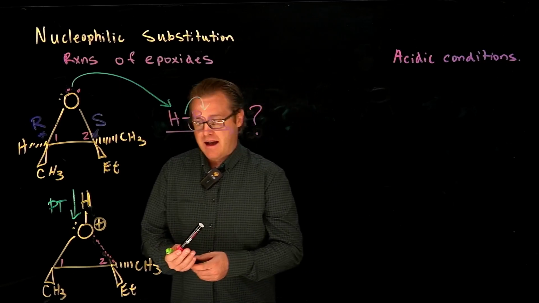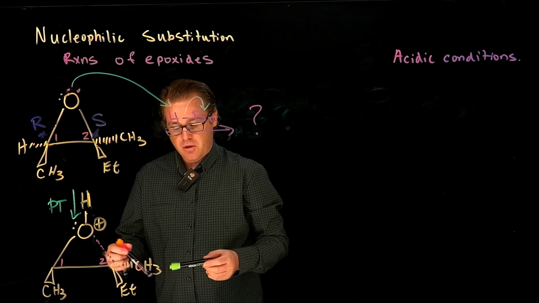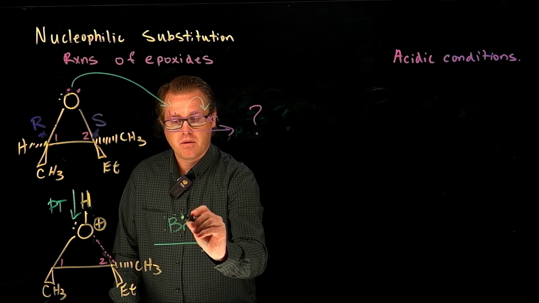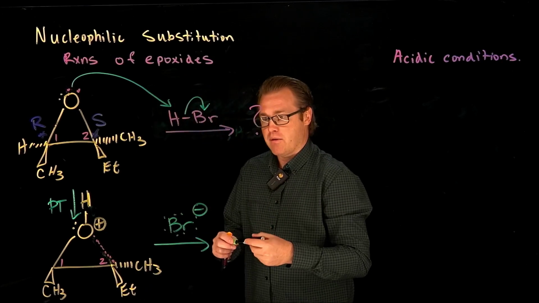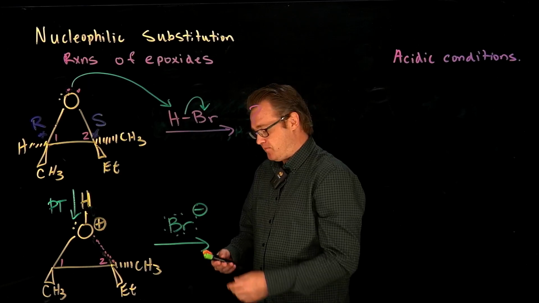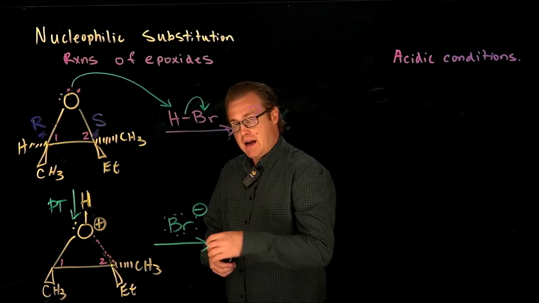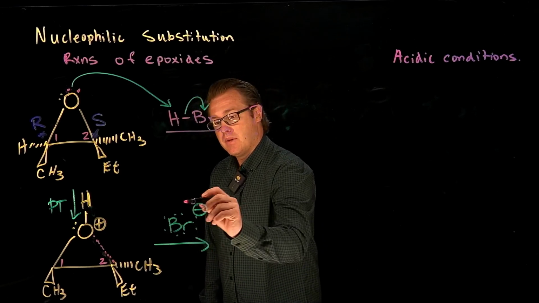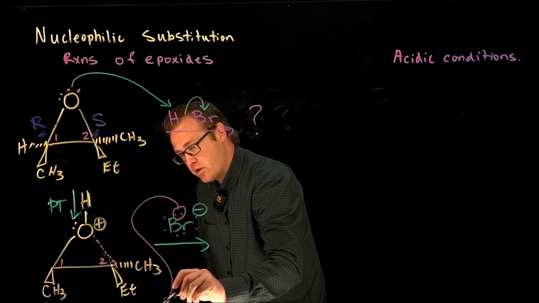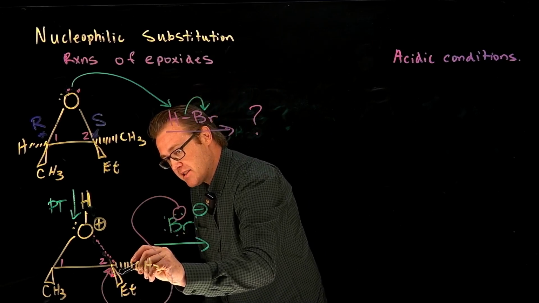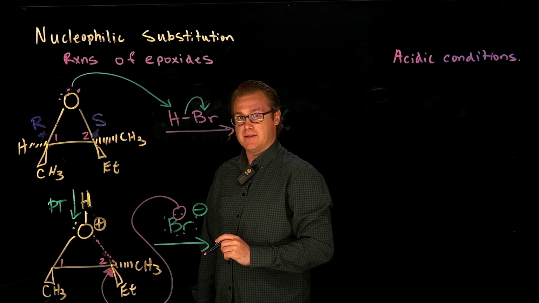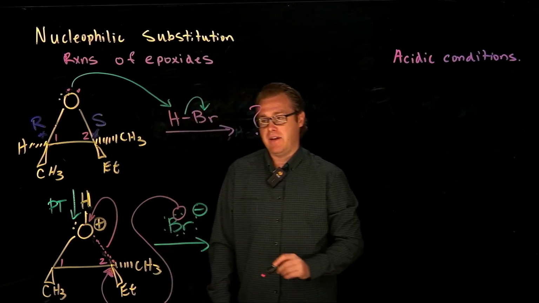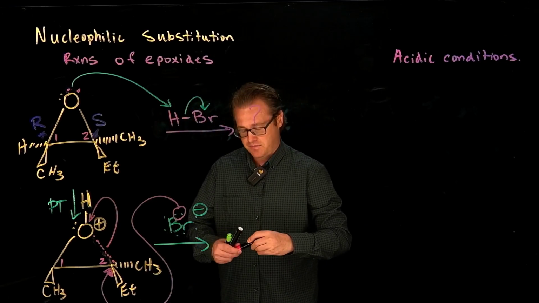And so what happens now is that we have bromide floating around after that proton transfer step. And so that bromide is going to attack the more substituted carbon. And it's going to do it from the opposite face of where the oxygen is. And then this bond right here is going to fully break, giving its electrons to that oxygen atom.